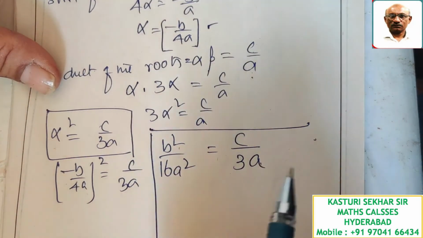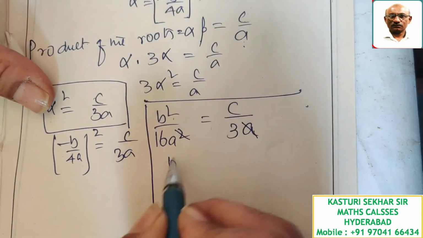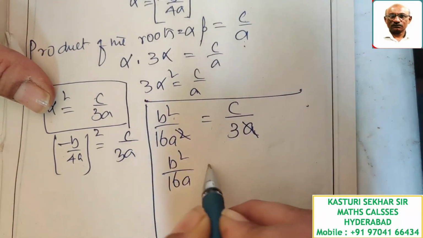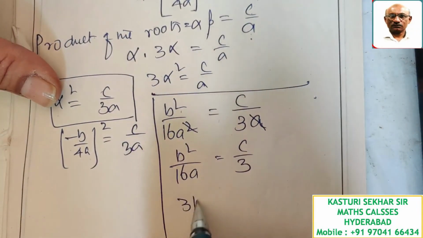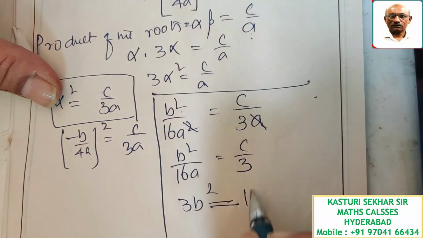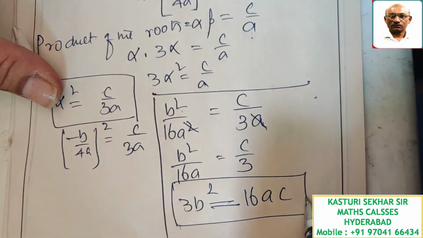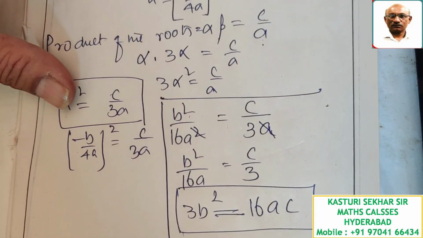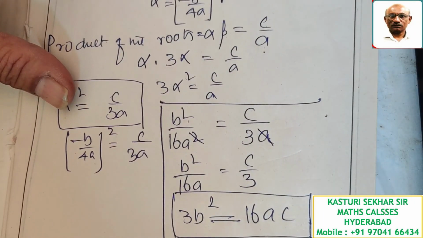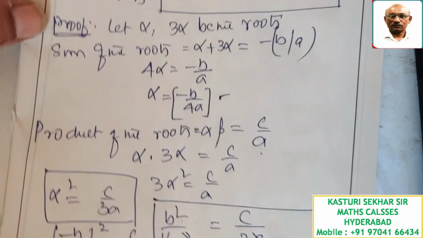A will cancel here one time. So b square by 16a is equal to c by 3. Cross multiply. 3b square is equal to 16ac. A required condition is 3b square is equal to 16ac.